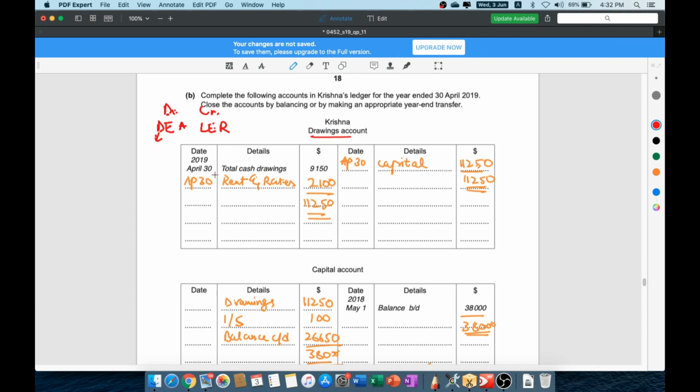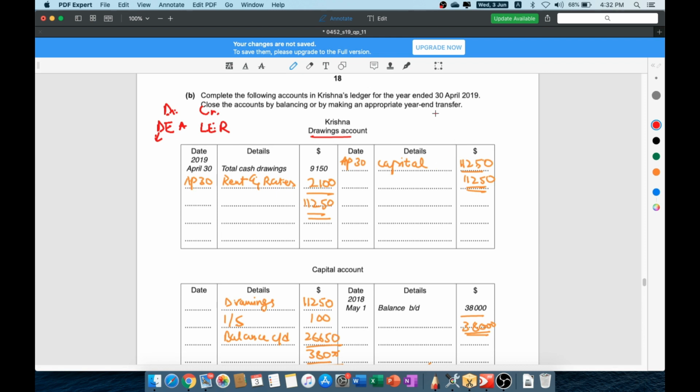All right, so debit drawings account, and as we all know, at the end of the year we have to finish or balance the drawings account. There should be no balance on the drawings account because we don't want any drawings to be carried forward to next year. So we're just going to put the drawings under the capital section in the balance sheet by crediting the drawings account to finish it, and then subtract the drawings from the capital.